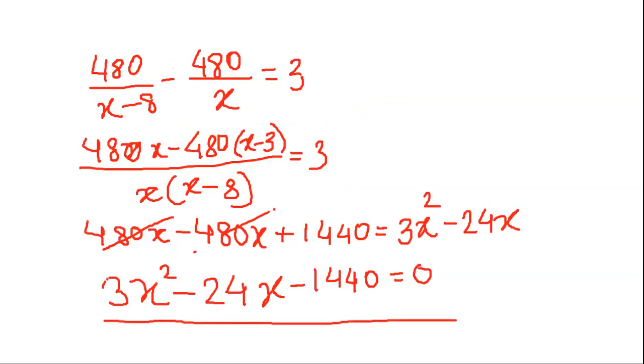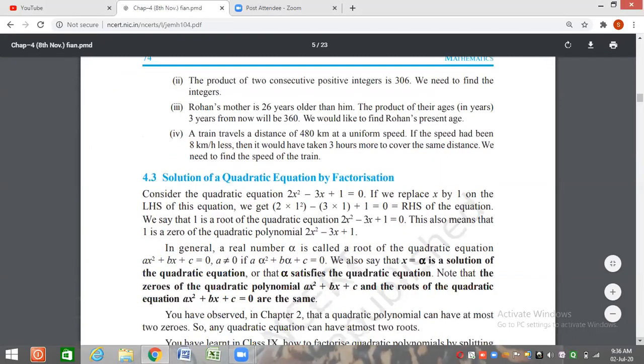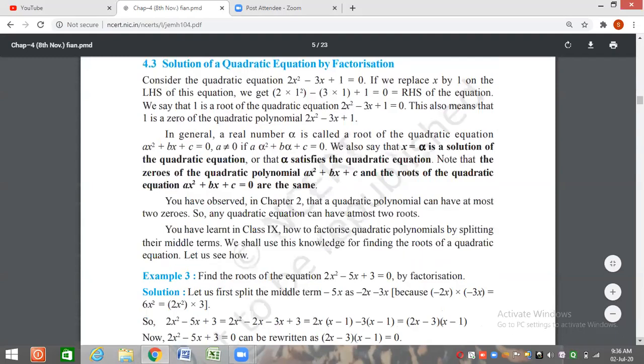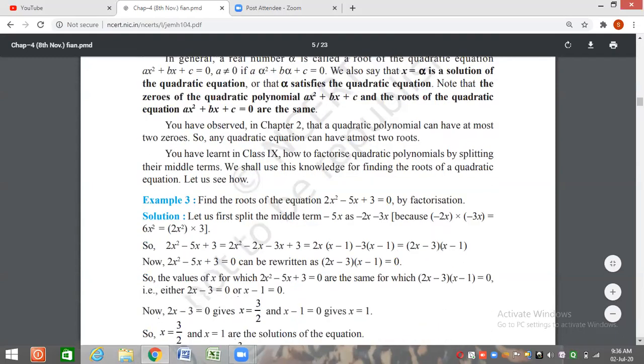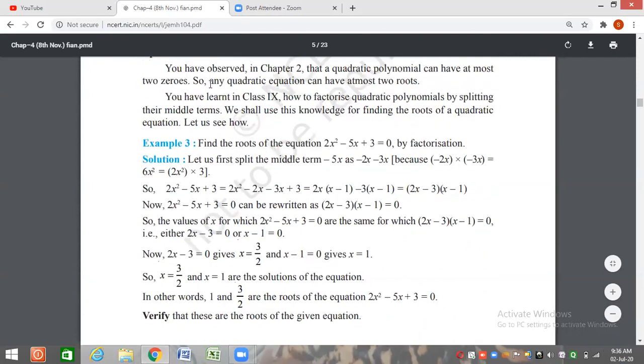Okay, let's see the new exercise. What is given in our next one is the solution of quadratic equation by factorization method. Now, what is the factorization method? You have already studied it in chapter number 2. Which method have you studied? You have studied splitting the middle term.